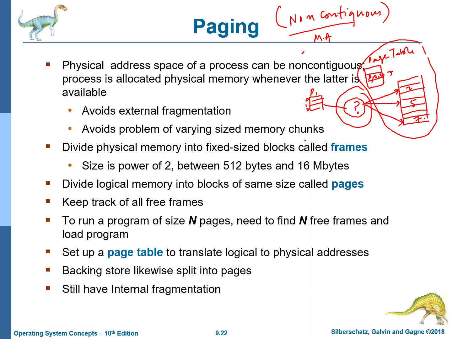Now when this is coming from the CPU, we divide logical memory into blocks of the same size called pages. Now we have two things actually, pages and frames.